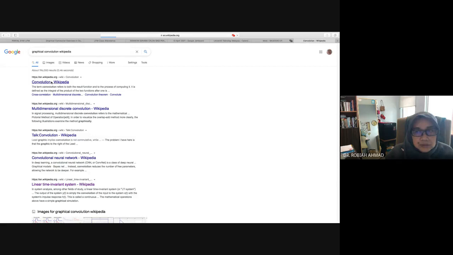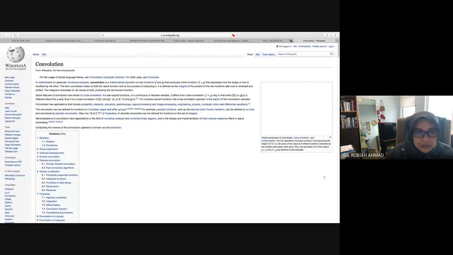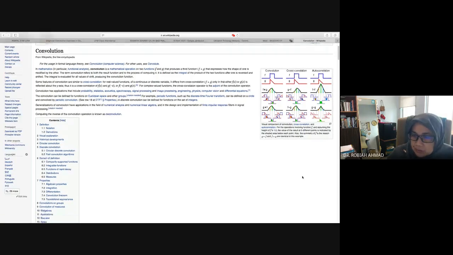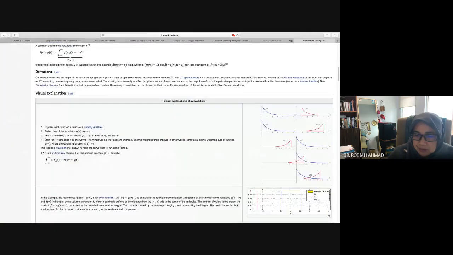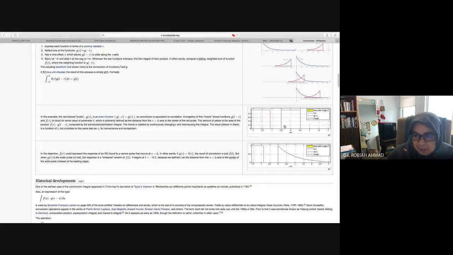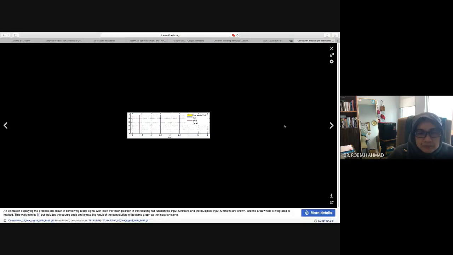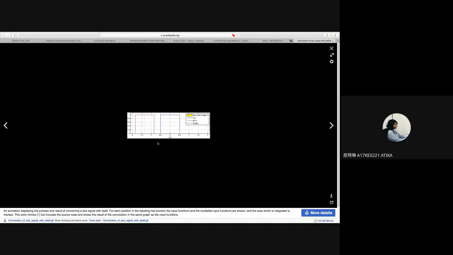Convolution. This GIF is good to demonstrate. Let me look at it. I think this one. Okay, can you see this? Yes. This is actually what happened.